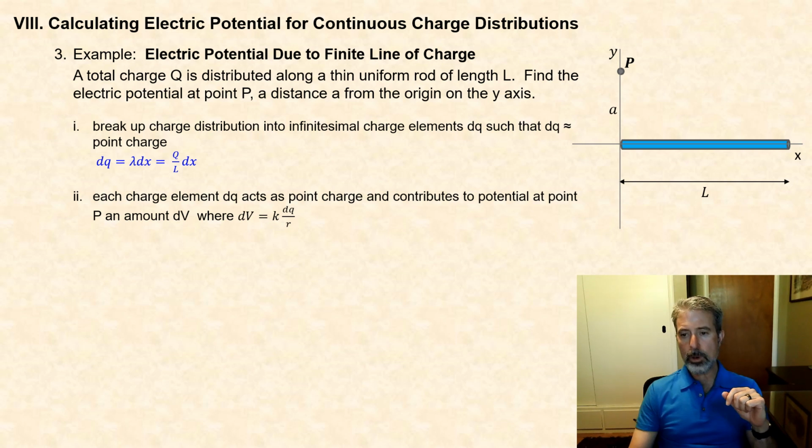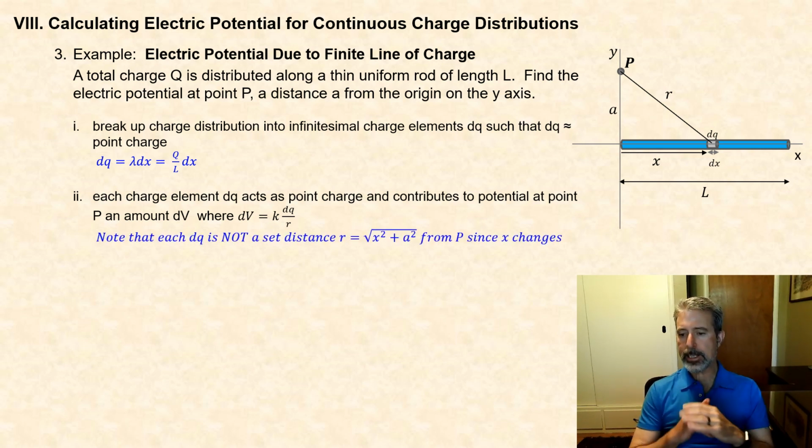So let's draw in each of these dq's. Notice each dq is a distance x from the y-axis, from the origin, and each dq has a thickness dx and is a distance r from the field point.